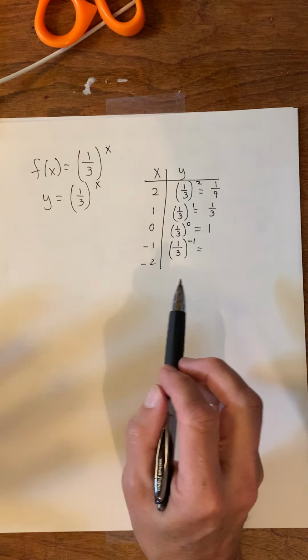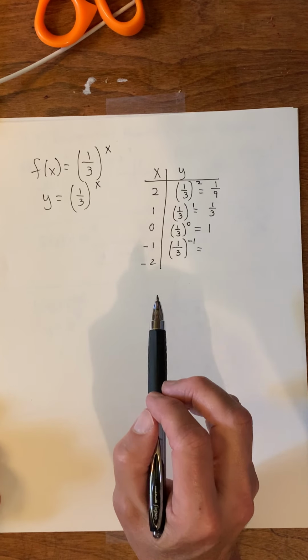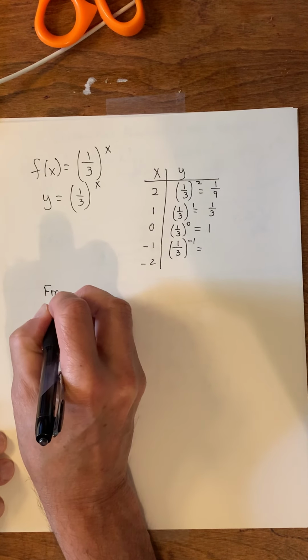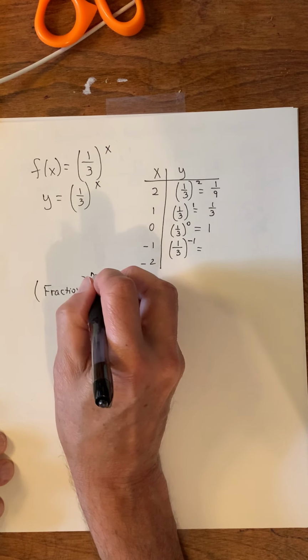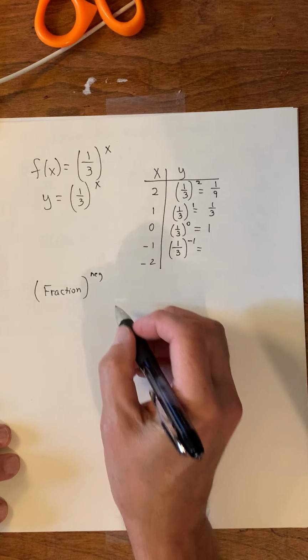All right. We could use some principles we've already used, or I could show you a new one, and I think this new one works really nicely if you have a fraction to a negative power. And here's the principle that applies.